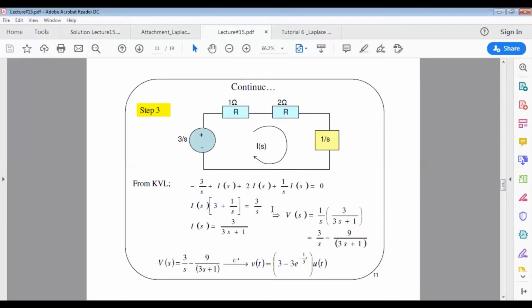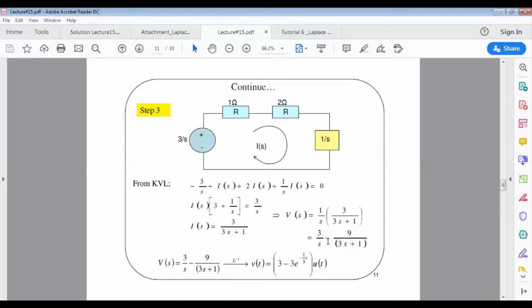From this I(S), we can obtain the voltage drop across the capacitor, which is the impedance of the capacitor, 1 over S, multiplied by the current I(S). When we do the partial fraction, we have 3 over S minus 9 over (3S plus 1).